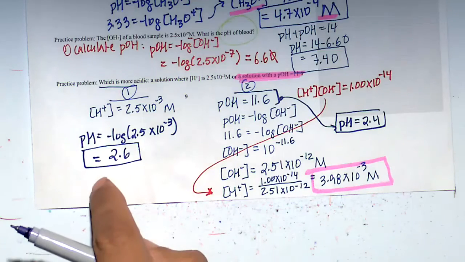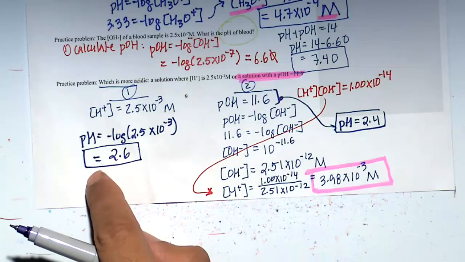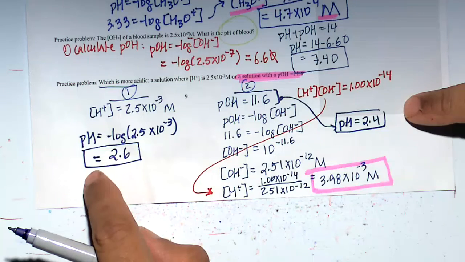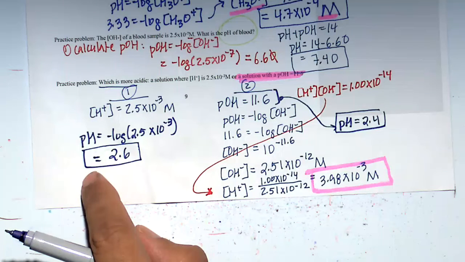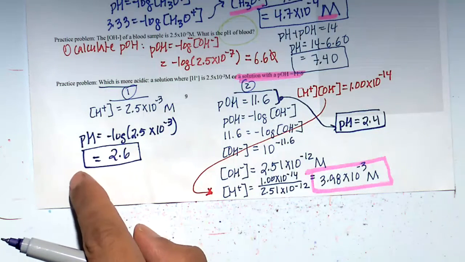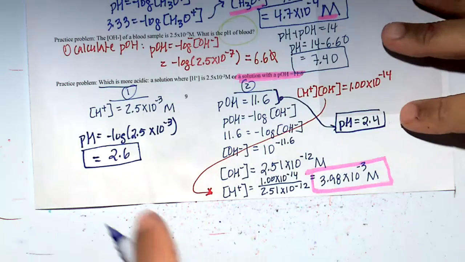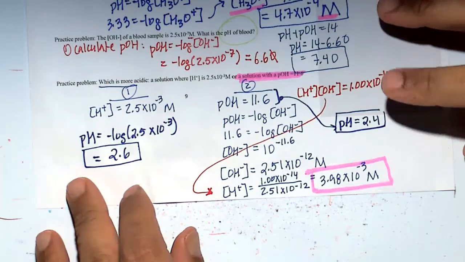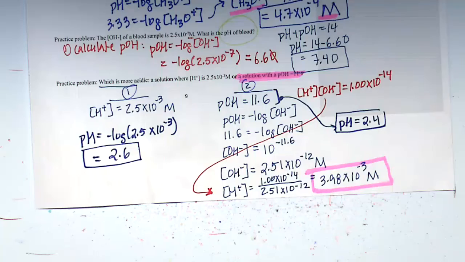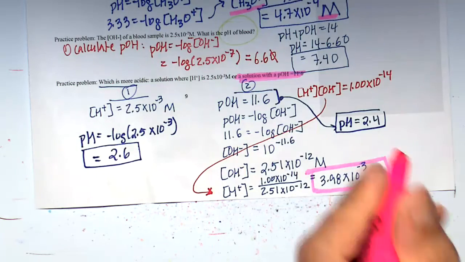So which is more acidic, the one with the higher pH or lower pH? Lower pH, right? Below 7 is acidic. So measuring by pH alone, we also find that this is more acidic.